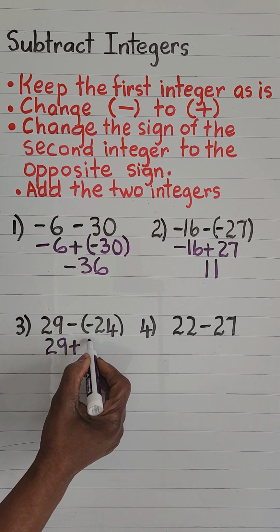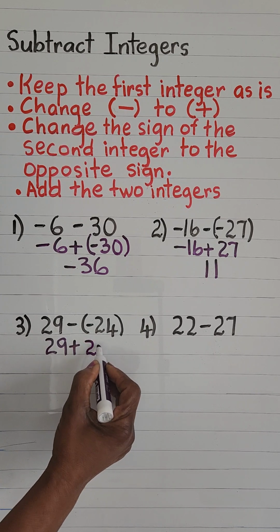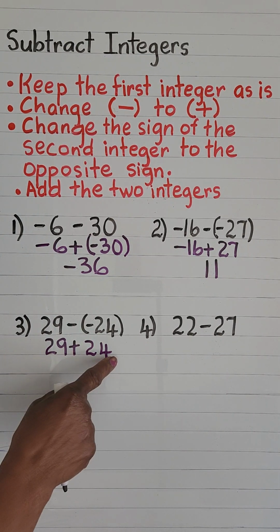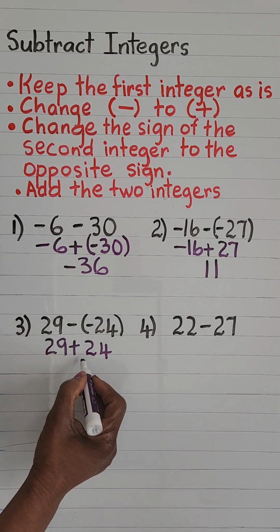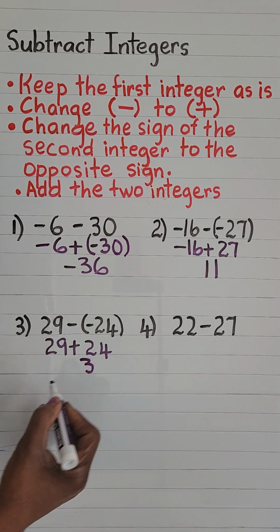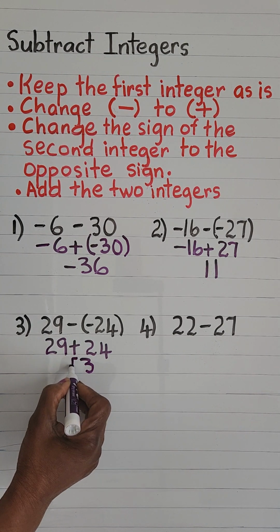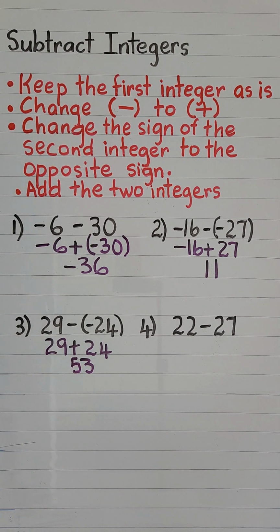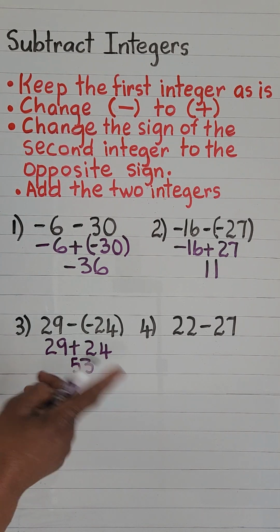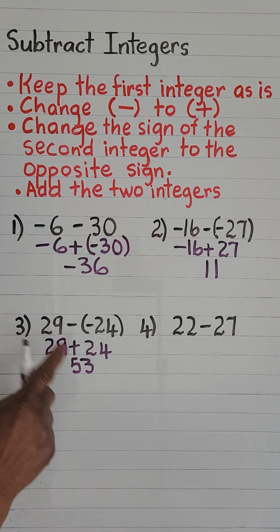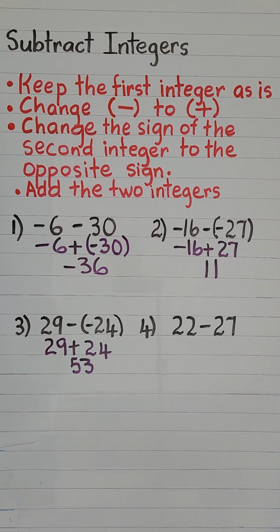So that would be +24. And then we go ahead and we add 9 plus 4, 13. 2 plus 2 is 4 and 1, 5. So when we are adding, as normal, simple addition, same sign, positive result.